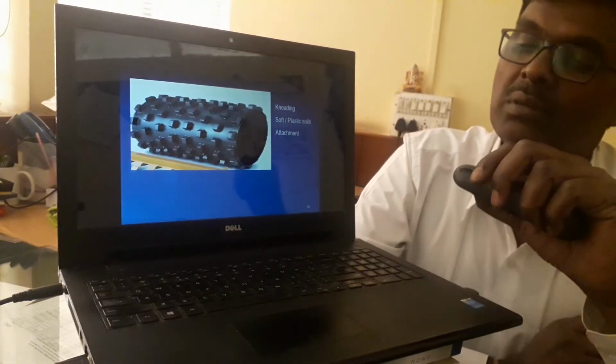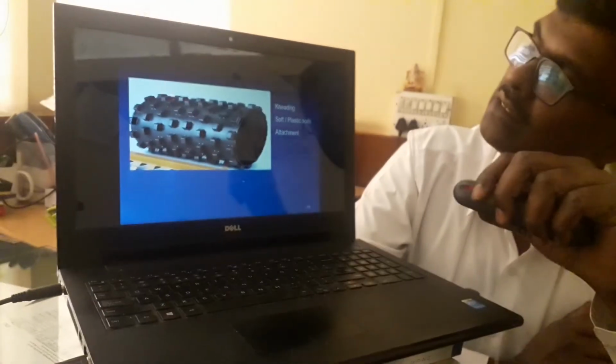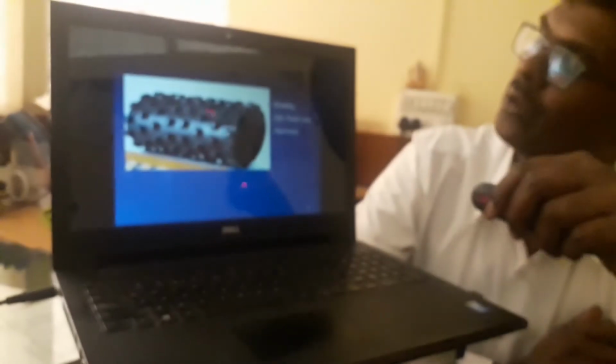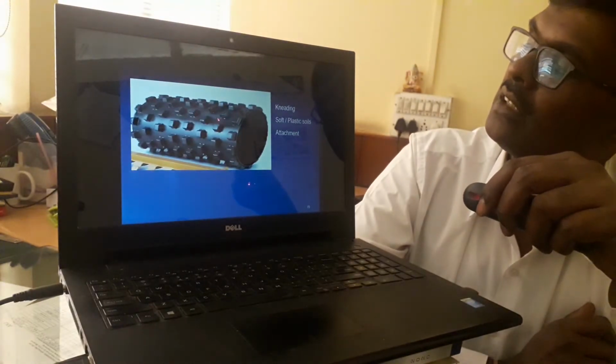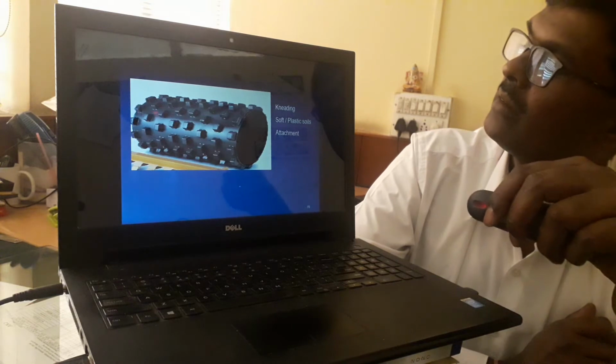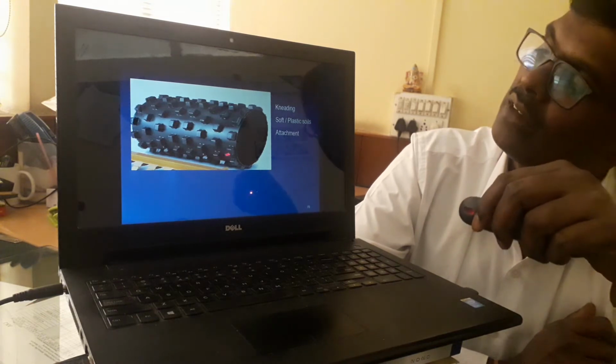The other example of kneading compaction is the pad foot roller. You can see these are called pads. This kind of roller is operated on soft soils.